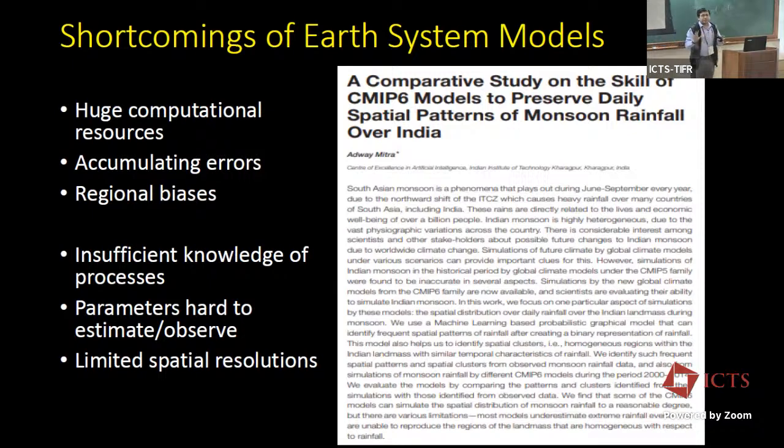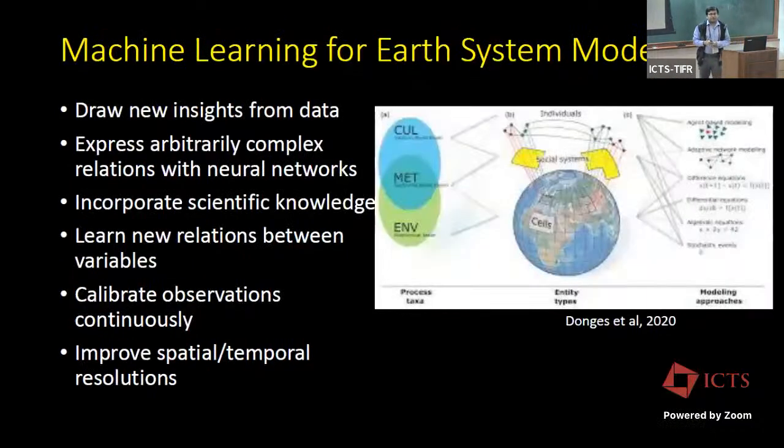And there are also many sub-phases like that. So this study basically shows that all those spatial patterns found in the actual observations are not necessarily reflected in the simulations by these CMIP6 models. The way they represent the spatial distribution of rainfall over the Indian landmass is not necessarily the way it actually is.